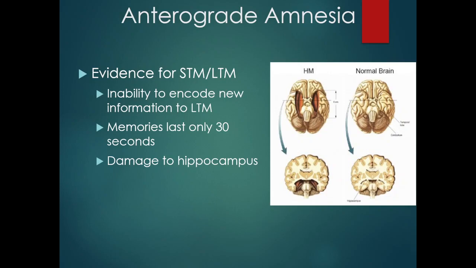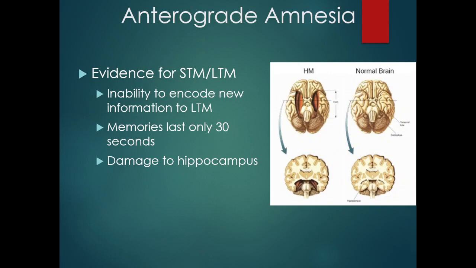The other piece of evidence from people with anterograde amnesia is the piece that points to the existence of long-term memory. Typically their long-term memories stay intact. They remember who they're married to, or that they have children, or what city they're from, and certainly even more basic things like their ABCs and how to count.